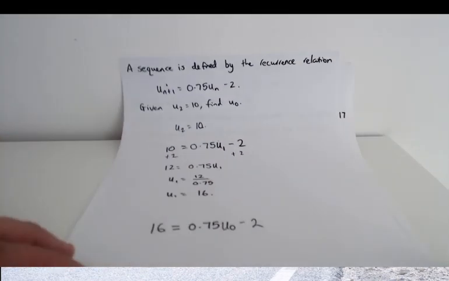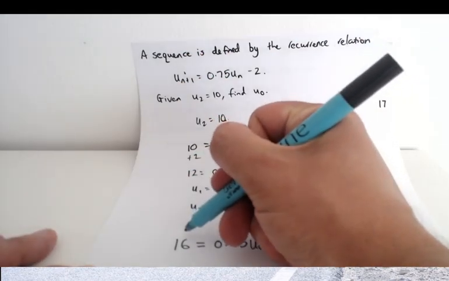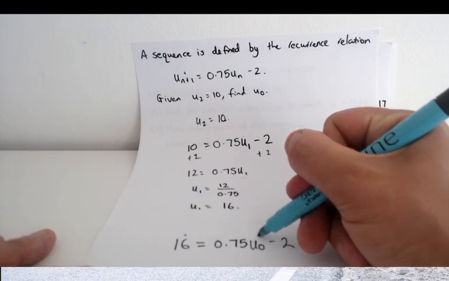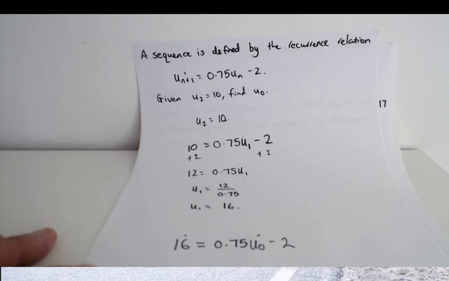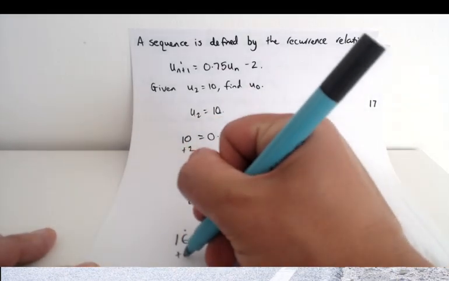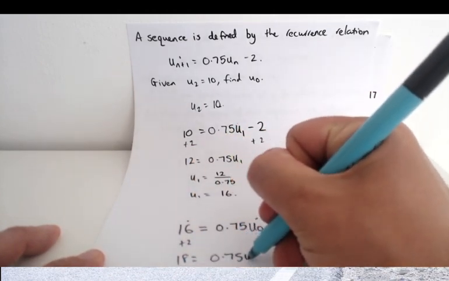Okay, so what I've done here, this is u1 and it would go with u0. I'm always using the last answer to get the next answer, but this one is done in reverse. So I'm going to have to add 2 to both sides again. 18 is going to equal 0.75 u0.